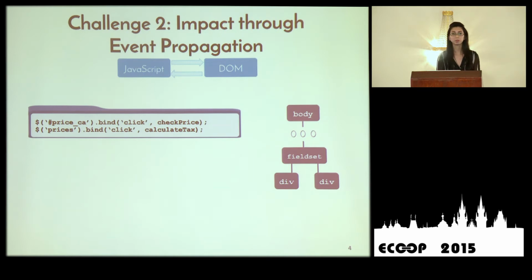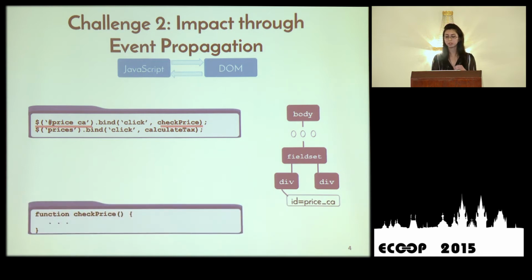A similar concept is valid for the event mechanism of JavaScript. JavaScript is an event-driven language. There's usually the case where DOM elements are assigned event handlers, and when an event is triggered on the DOM element, the handler is called. In this example, the handler is assigned to one of the elements, so when it's clicked, the handler gets called.